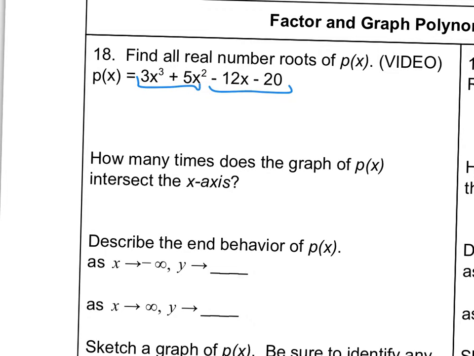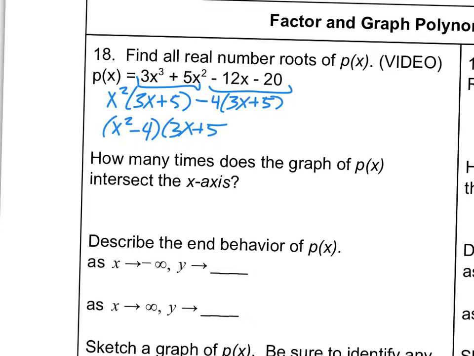For the first two, I can just take an x squared out. That's the biggest x I can pull out. And I'm left with 3x and a plus 5. The second two I can take out a 4. I'm going to take out a minus 4 to make everything positive. And I'm left with 3x and a plus 5. Hey, that worked out really well. That gives us x squared minus 4 and 3x plus 5.